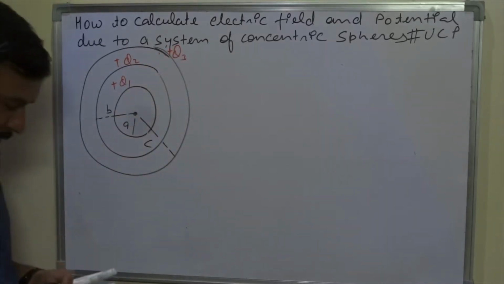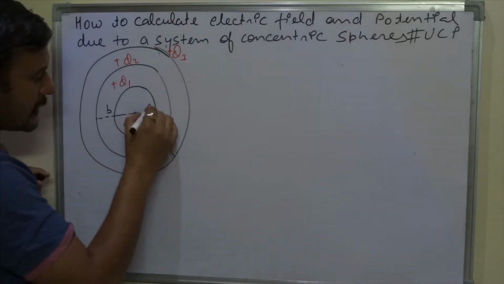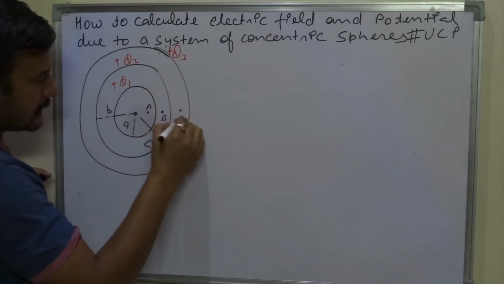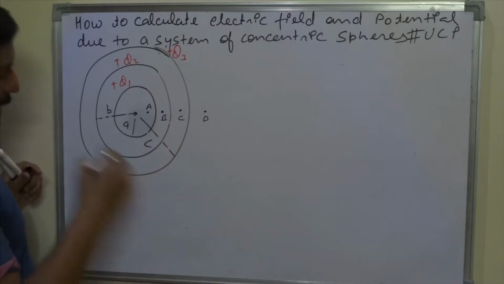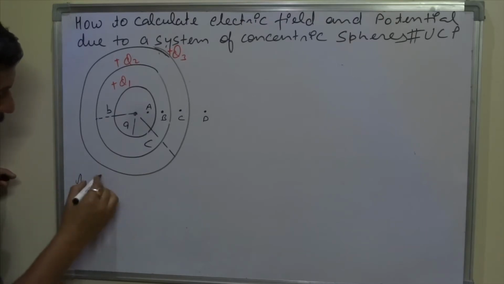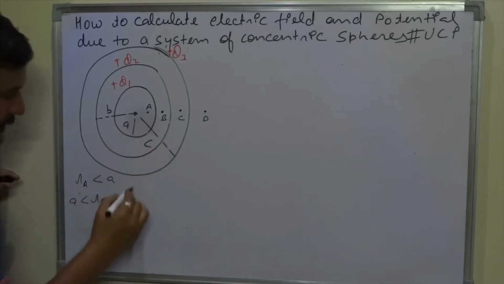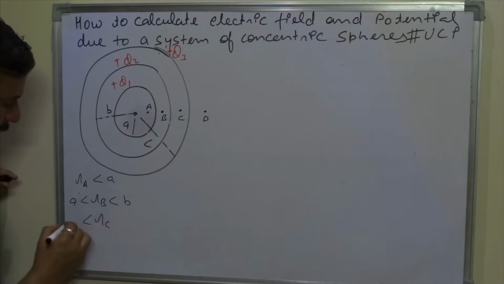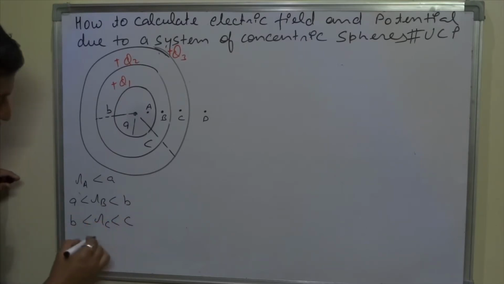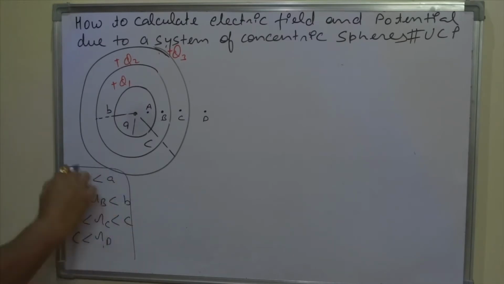Okay, so there are some points: A, B, C, and D. RA is less than A, RB is greater than A but less than B, RC is greater than B but less than C, and RD is greater than C. So these are the locations of these points.